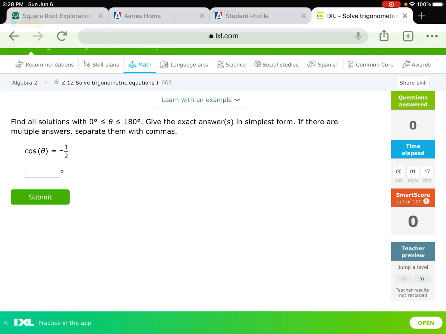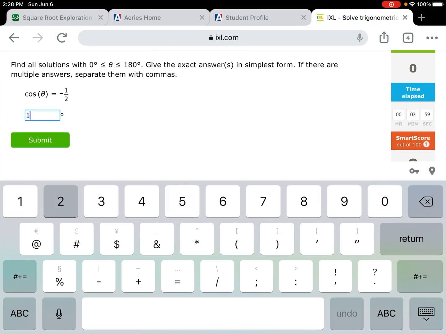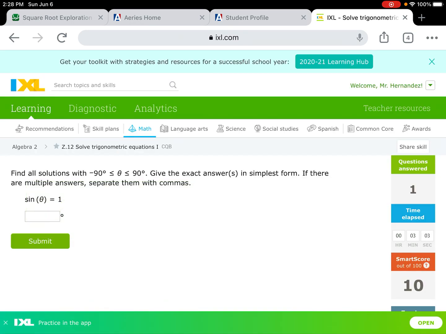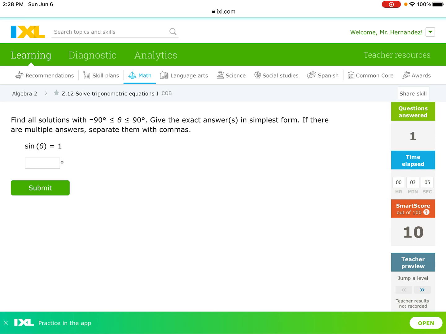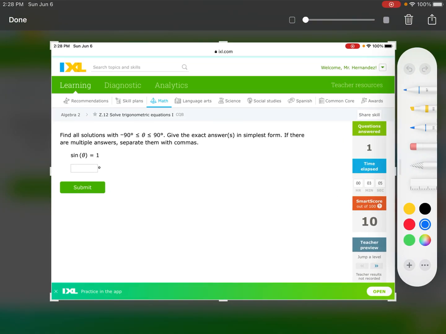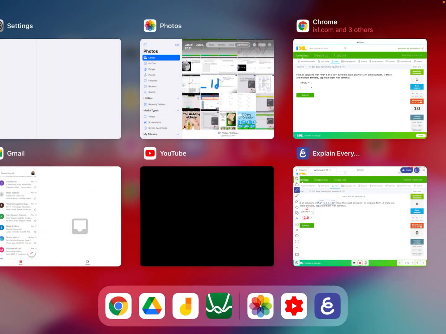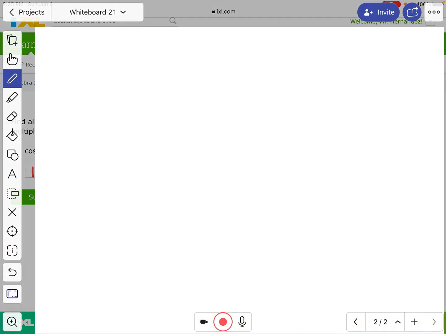So if we put that in here, it should give us the answer. Okay, now this is a good one just because it's kind of complicated, but that's always good to have as an example.